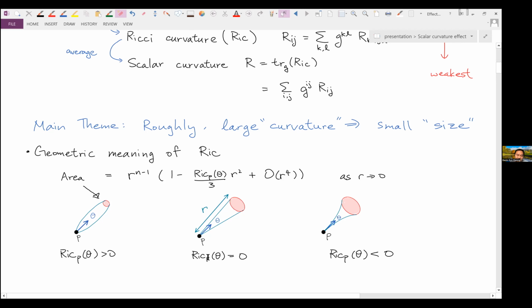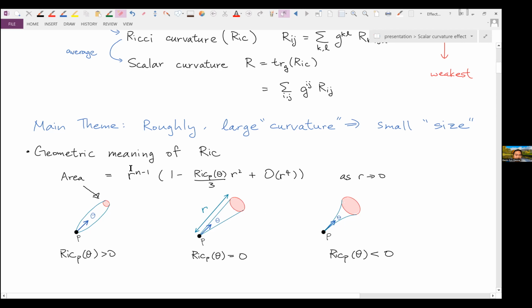If the Ricci curvature at this point p in this direction theta is 0, then more or less the cone area is just the ordinary Euclidean cone area. But if the Ricci curvature is positive in this direction, then the light rays or the geodesics will start to converge somehow, and the area is actually smaller than the Euclidean one. And if the Ricci curvature is negative in this direction, then the light rays will diverge, and the area is actually bigger than the standard one. So that's one geometric meaning of the Ricci curvature.